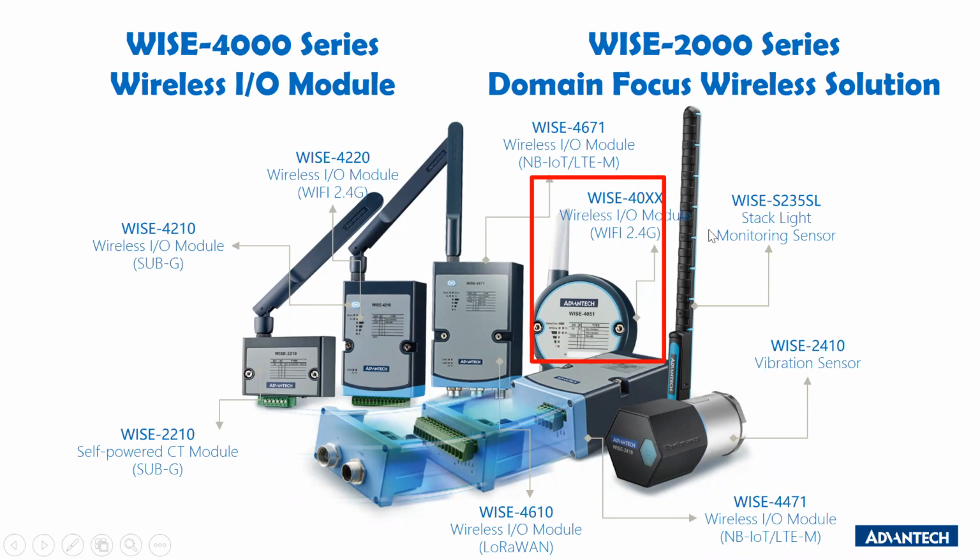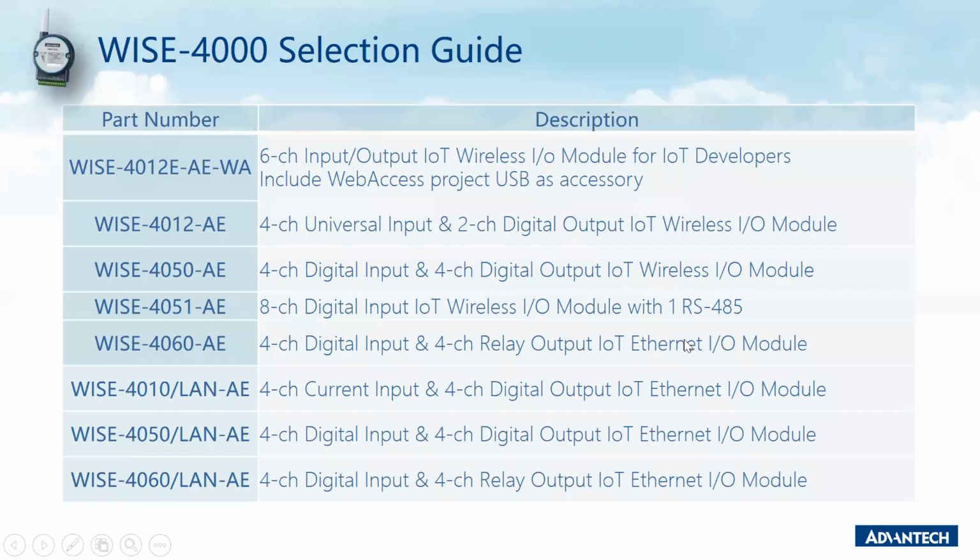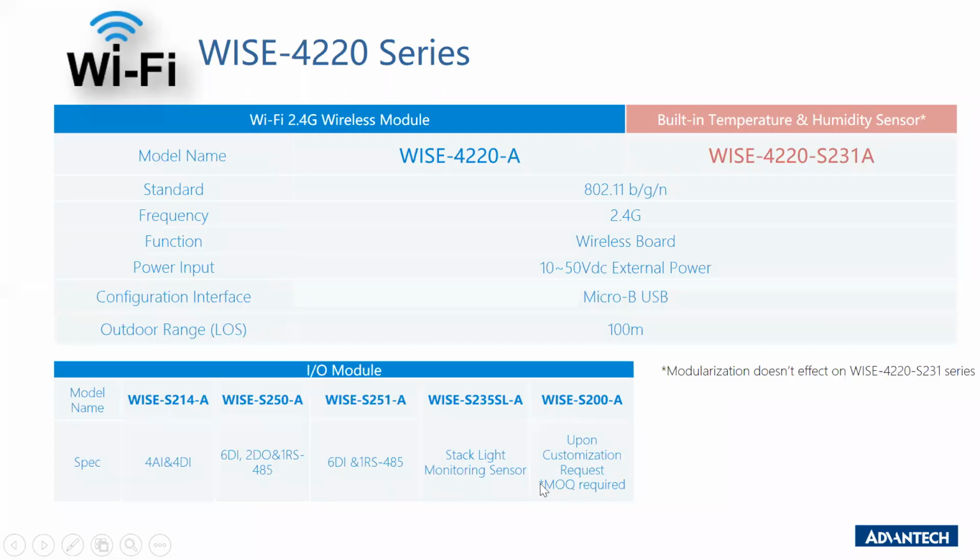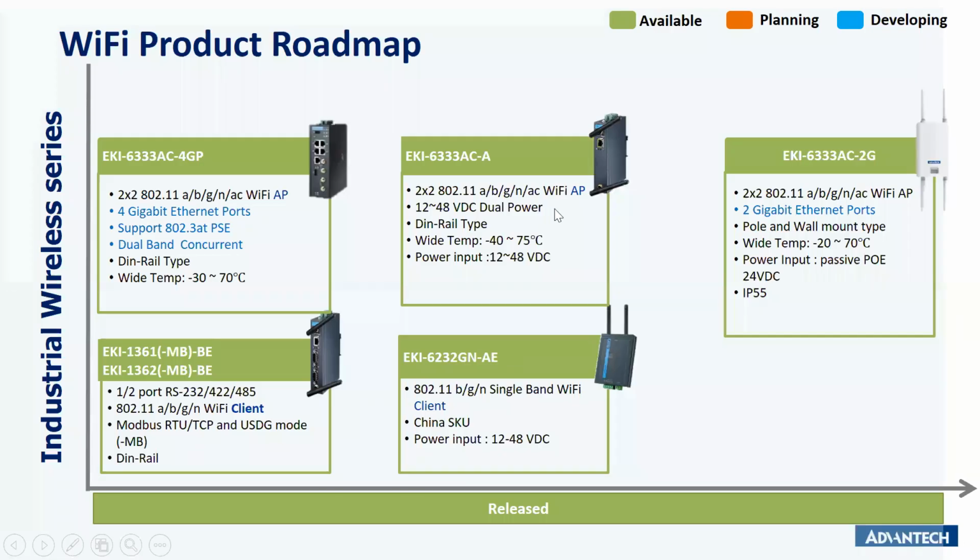So this stack light monitor gets attached to that stack light, and then it can be connected directly to the WISE 4220 to put that stack light status online. Okay, so that's the WISE.